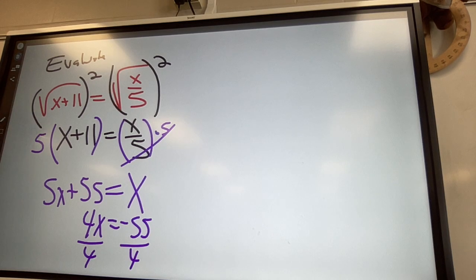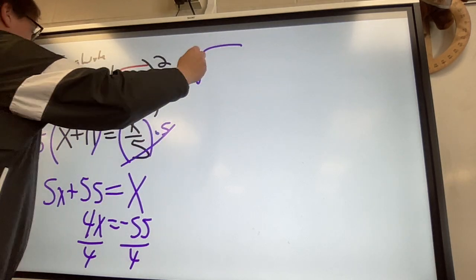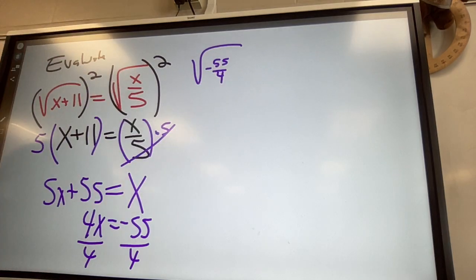It's going to be a tricky double check. To double check, I have to go negative 55 over 4. Hey, look here, would you please? I'm going to need common denominators. I'm going to need fourths, so make that times 4 over 4.